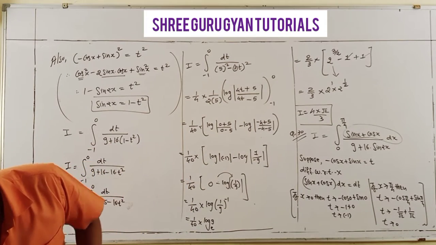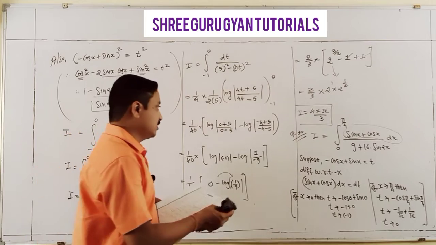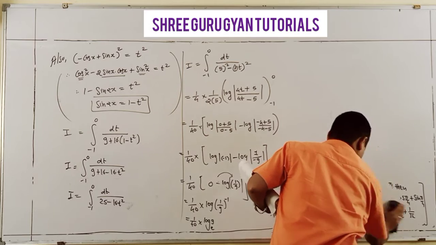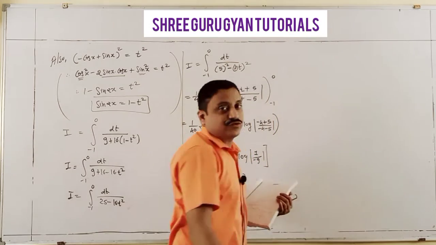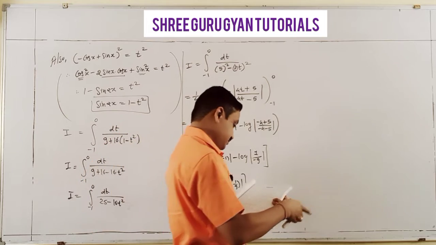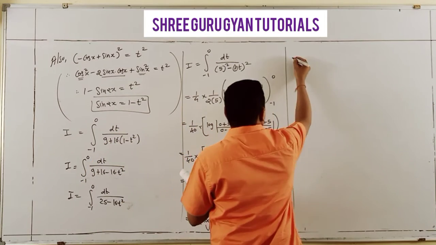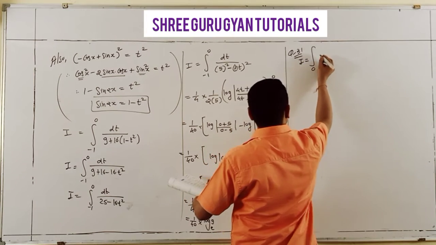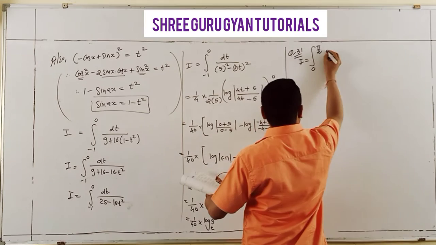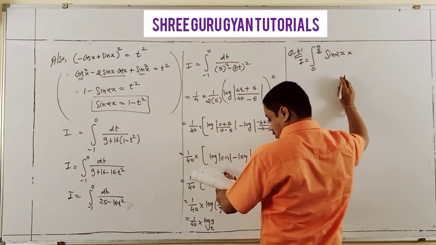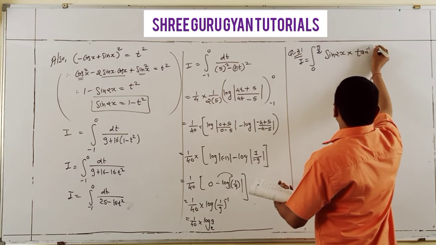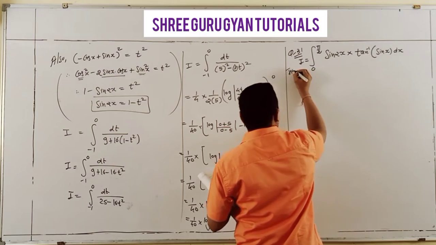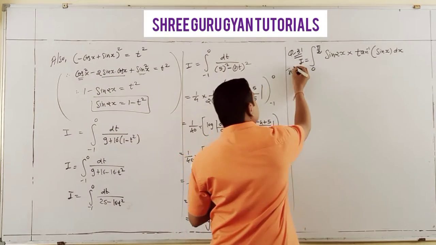Now continue, I am going ahead. Next question, 31. Integration from 0 to 90, sin 2x with tan inverse sin x dx. Yes students, this also you tick mark in your IMP list.